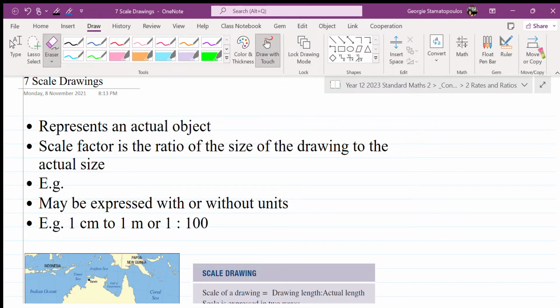Okay, so we have scale drawings here. Scale drawings represent an actual object. The scale factor is the ratio of the size of the drawing to the actual size, and I like to write it as D to A, drawing to actual length.